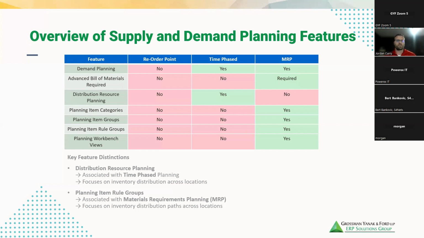That's one of those features that doesn't really scream it at you. I wish it did, that this feature is for time phased, the distribution resource planning, whereas that is not for MRP. So you can see all of the other features.